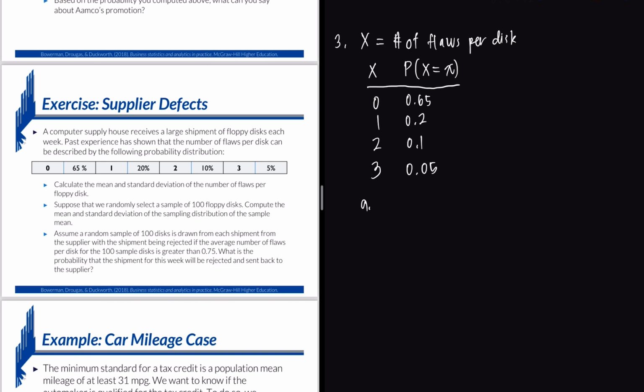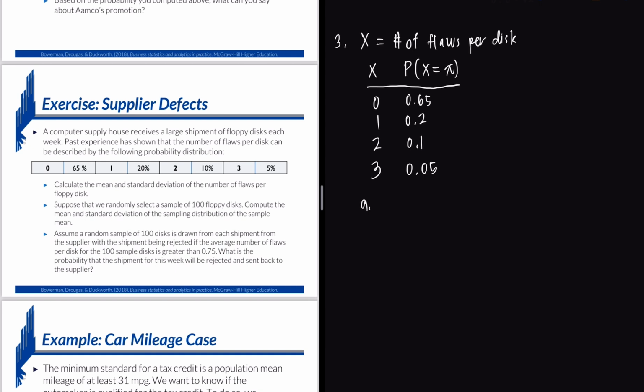So since we are given the probability distribution, we can use either the manual formula to compute for the mean and the standard dev given the probability distribution, or the faster way to do this would be to compute for the mean and the standard dev using the stat function in the calculator.